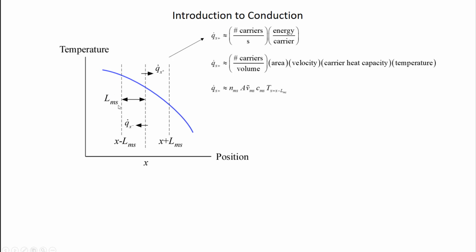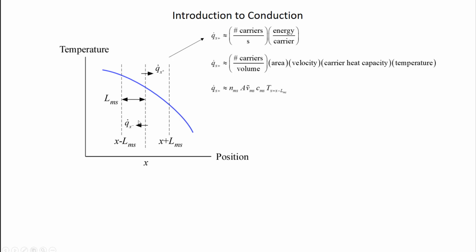And that distance between collisions is given the symbol l_ms. It's the distance that an energy carrier travels on average before it experiences another collision, right? So these energy carriers coming from the left side experienced their last collision somewhere over here, and that distance is l_ms. So this is T at x equals x minus l_ms.